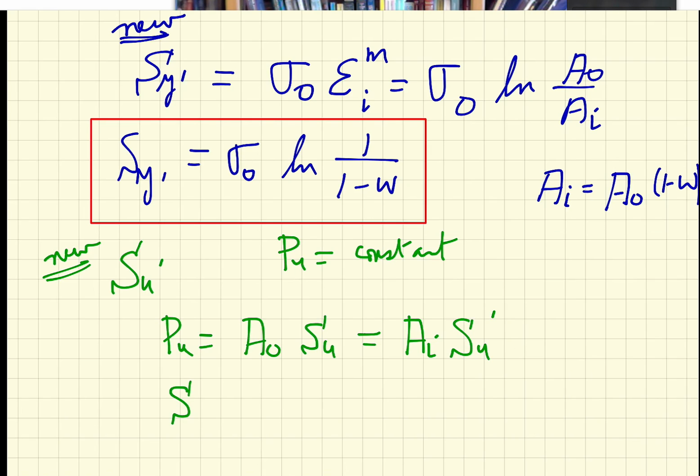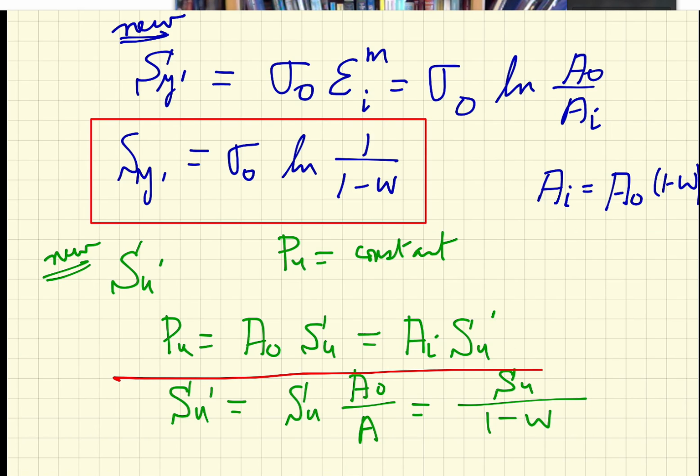So again, I can find an expression for S ultimate prime as equal to S ultimate times A0 divided by A. And using now the cold work factor, that would be S ultimate divided by 1 minus W. So I have now another expression that I can use to determine the new value of the ultimate strength of the material.